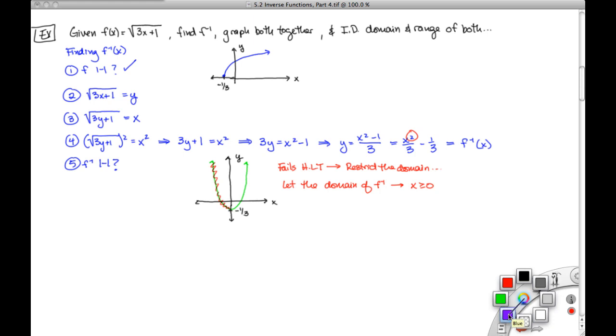So if we go back to our original problem, f inverse of x is (x squared minus 1) divided by 3, where x has to be greater than or equal to 0.